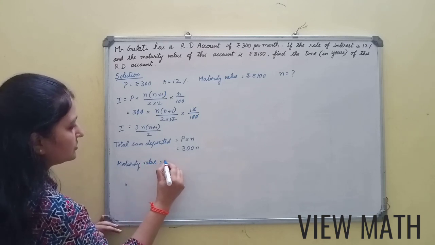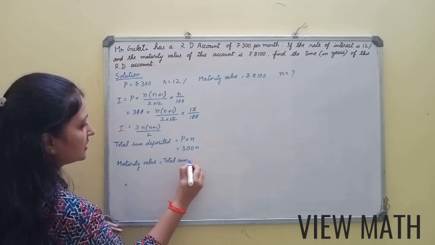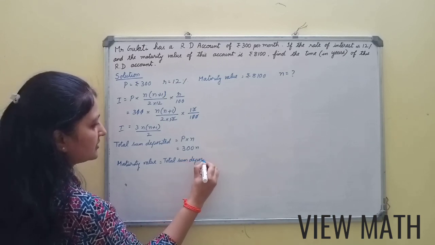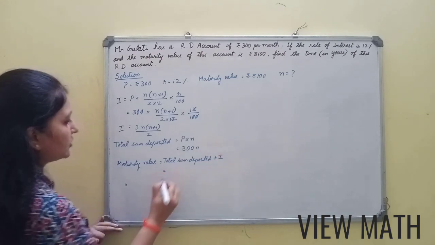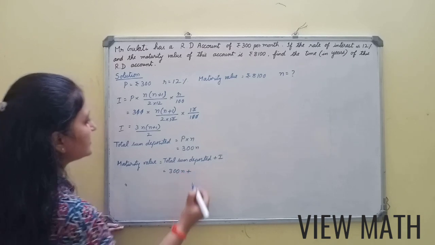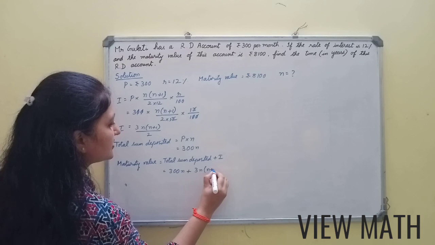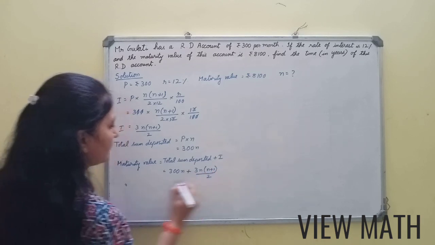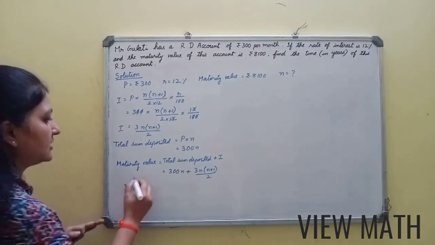Maturity value is equal to total sum deposited plus interest. Total sum deposited is 300n plus interest, it is 3n into n plus 1 by 2. Maturity value, they have given in the question, it is 8,100.